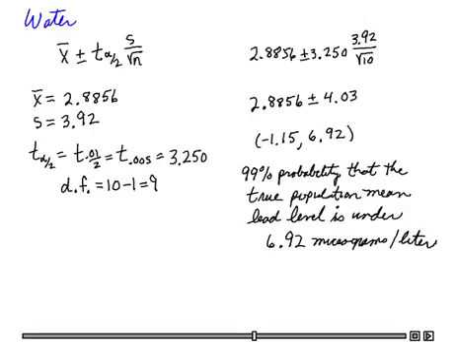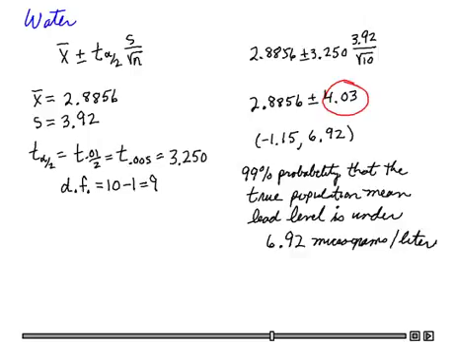Now the next part of this is to try to come up with a sample size that we can reduce our margin of error to being 0.5 micrograms per liter. Now, what is our margin of error at this point? That's the 4.03.